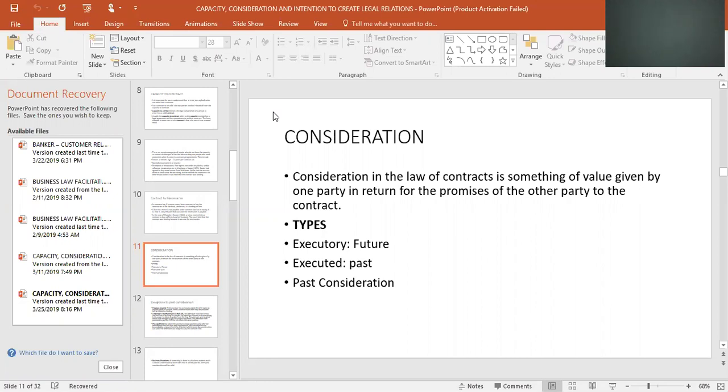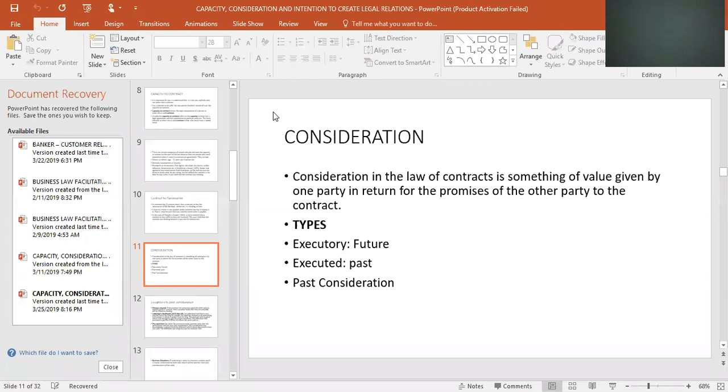So the washing of the car, which Yvonne must do to obtain the 20 Ghana cedis, is the consideration that Yvonne is supposed to give me. But that is not something that Yvonne has already given or is in the process of giving. But Yvonne will give it at the right time. And we call consideration in the future executory consideration.